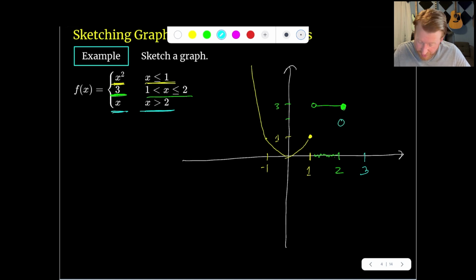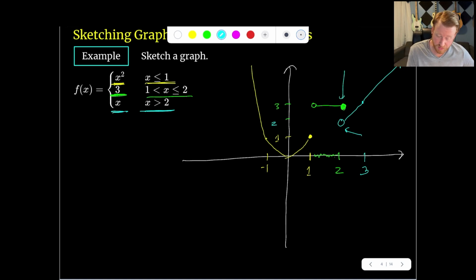So I'm going to put an open circle here at 2, and then 3 is going to 3, and we'll use not my most accurate sketch here, but it should look a little something like that. Again, this isn't perfect by any means, but we are just trying to sketch a function here. So there's 2, and we're not including 2 as part of the blue identity because 2 belongs to the other part, the endpoint of this constant function.